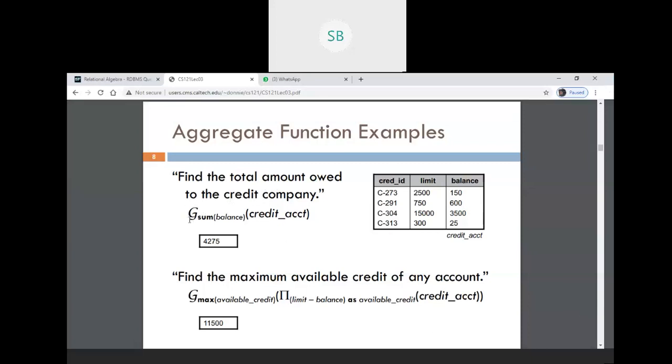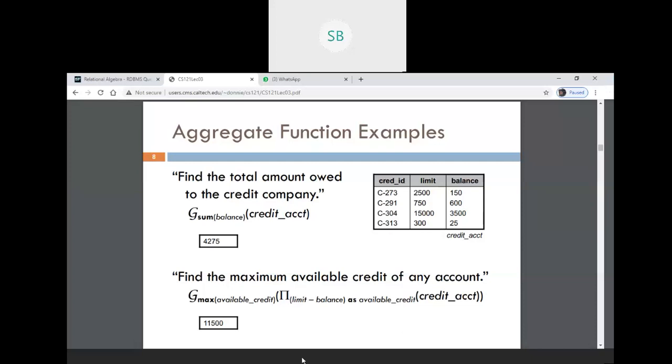For us, we will be using the delta symbol. Sum of balance: you need to find the sum of the balance field of the credit account. This is the name of the table, and we will find the sum of this column.